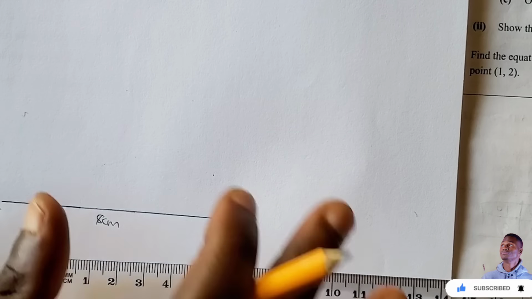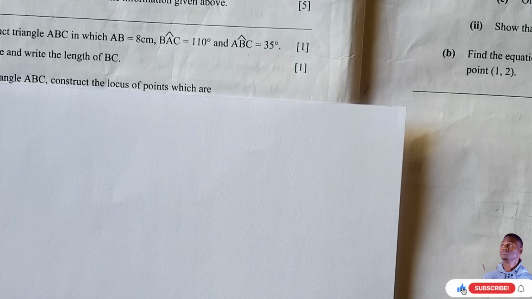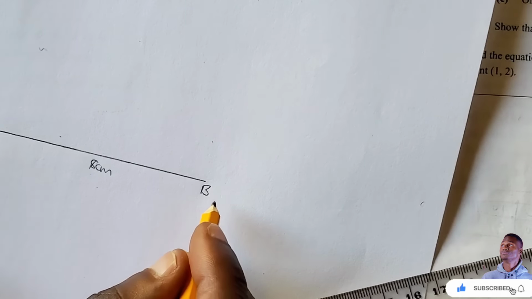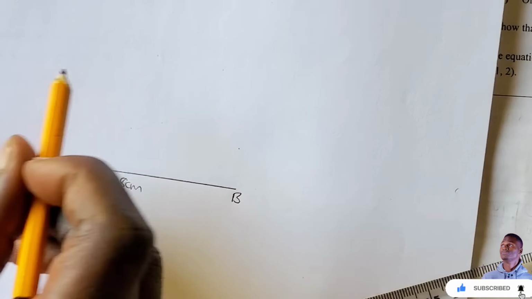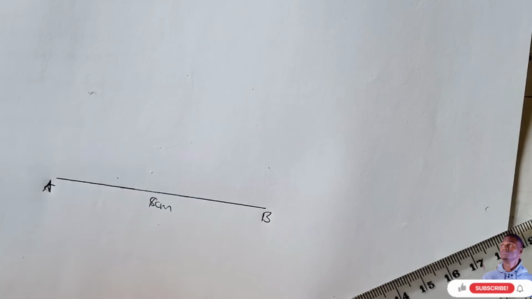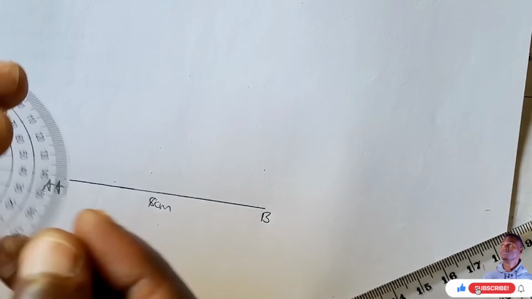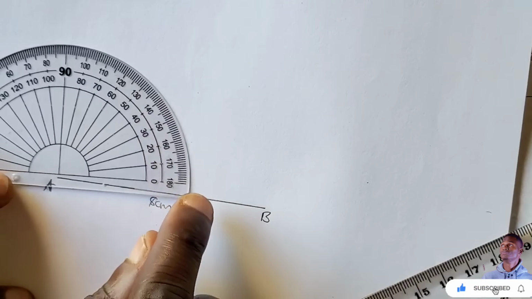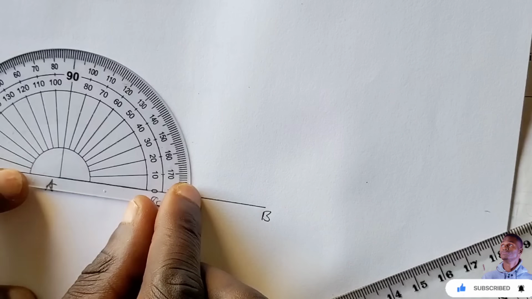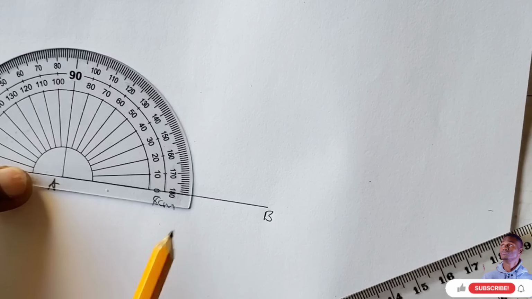Next thing is to check here. You are given angle BAC 110. B here, A, we don't know where C is. This is a triangle, we know that C is just up here. So we get our protractor and put it at A. Then you ask yourself, which side is the line?